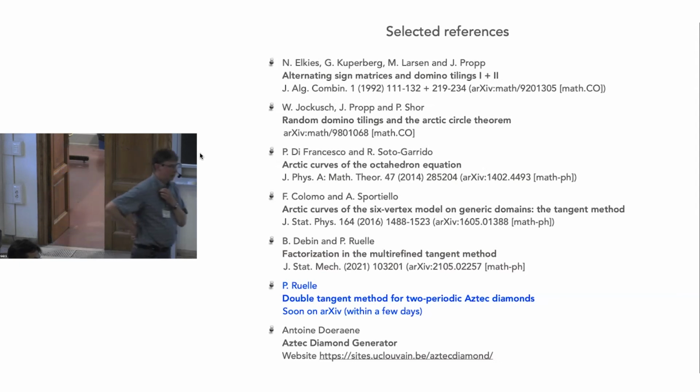What would have prevented you from using the more standard tangent method? Because you already know this refined partition function. That's right. So you could move the end of the path away and then have to compute this second partition function, right? Of a single path. Nothing would have prevented me from doing that.